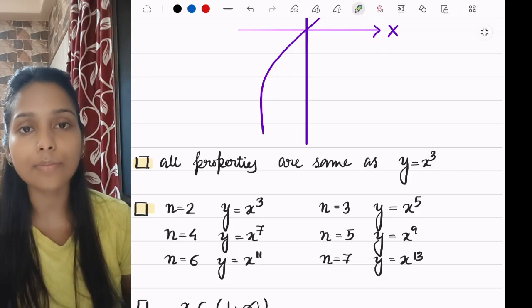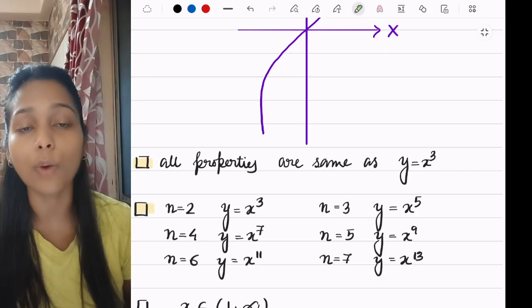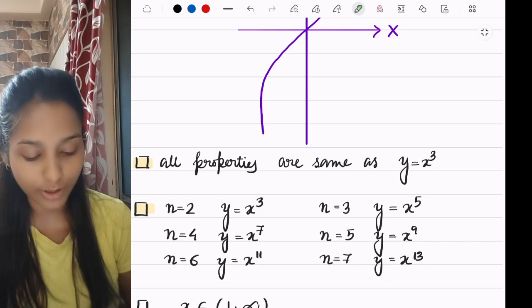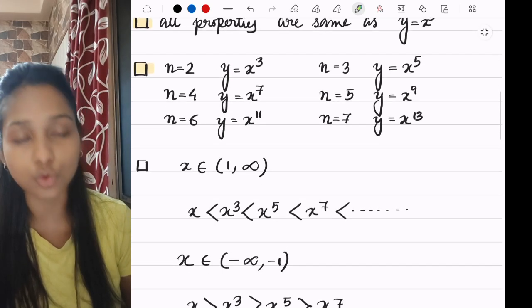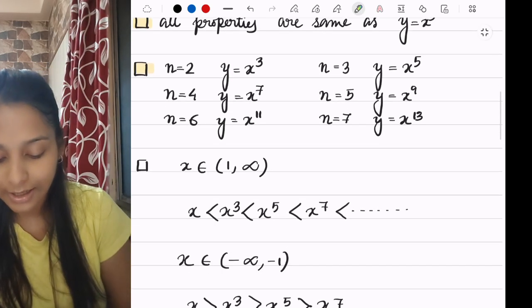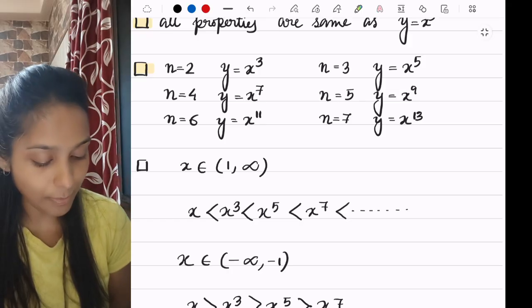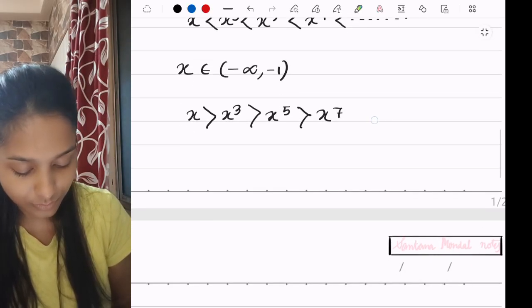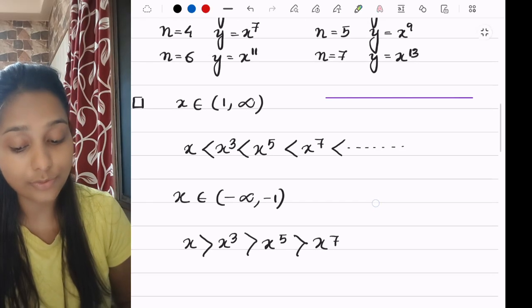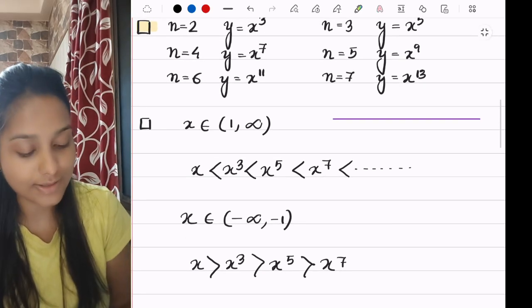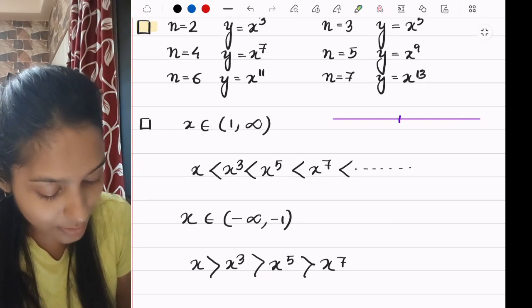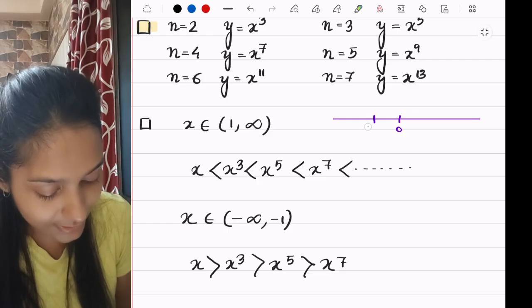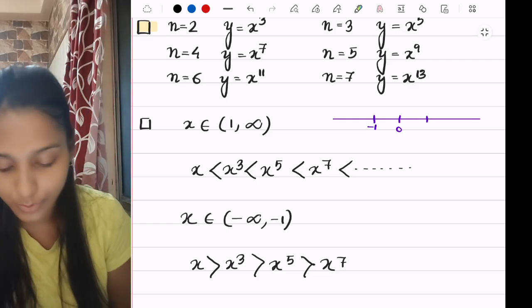Now, as for the function y equals x power 2n minus 1, we need to divide the real line into four parts. So here is 0, then there is minus 1, then there is 1.